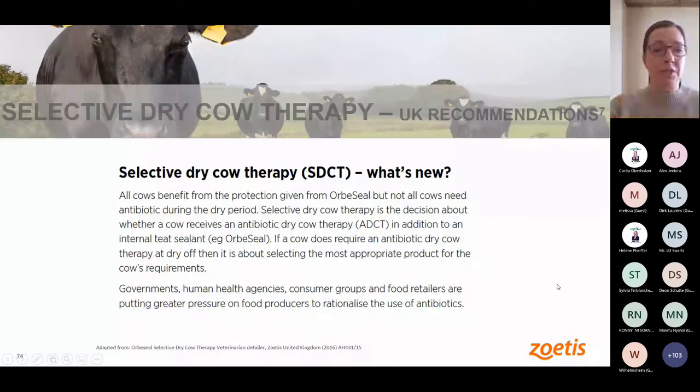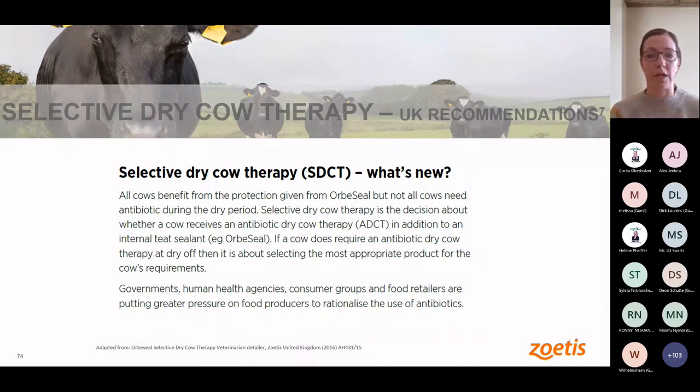So just quickly, I mentioned selective dry cow therapy briefly earlier. There are a few things that you can use, and that's a whole talk by itself. But if you are interested in how you go about selective dry cow therapy, there are quite a few steps. Usually you look at the herd, then the group of animals, and then you go down to individual cows.